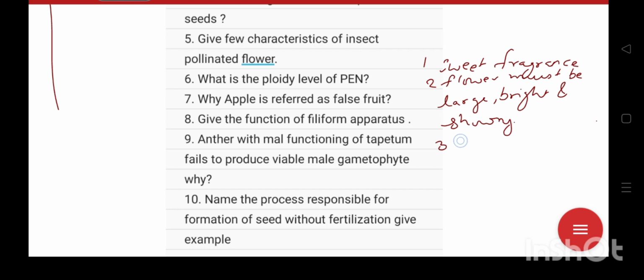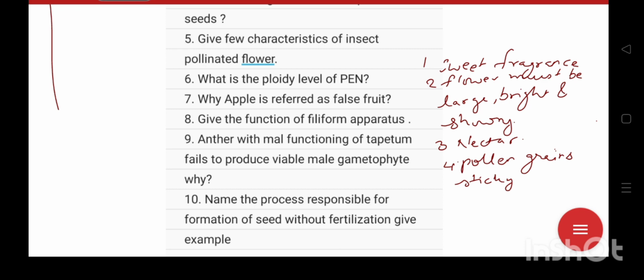Number 3, it must have nectar in it. Pollen grains sticky. So these are the characteristics of an insect pollinated flower.